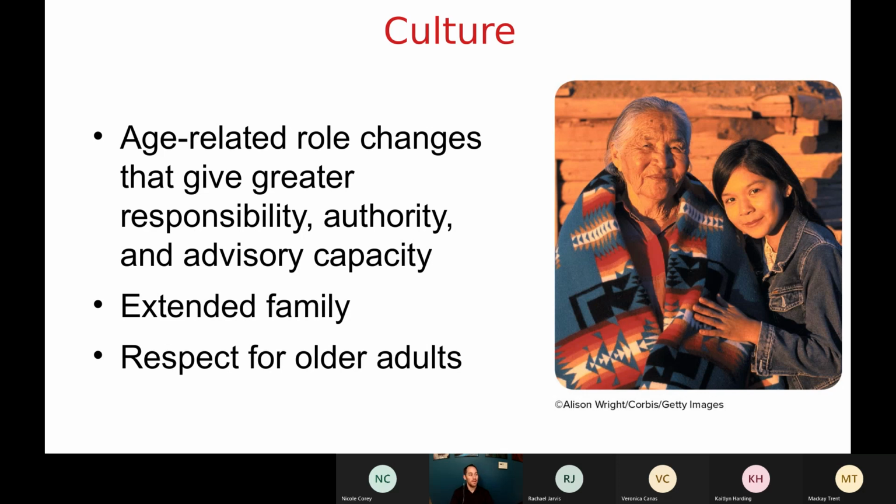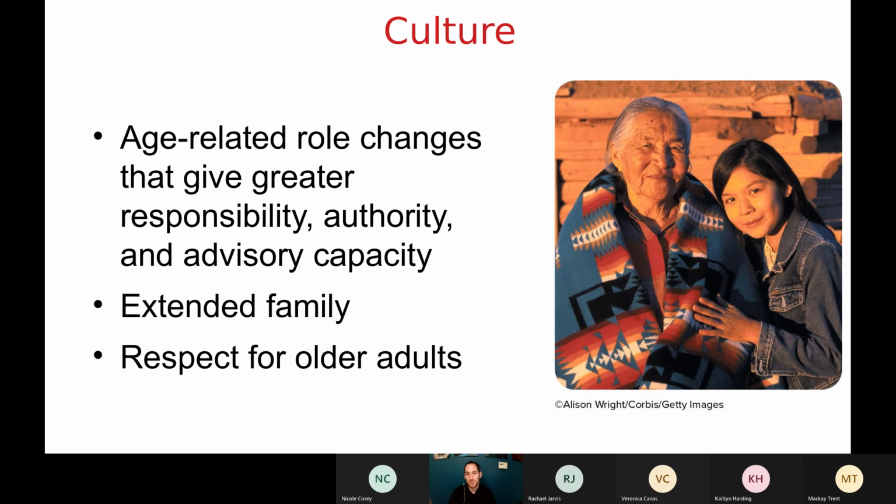And so with that, if you're not respected, if you're not called on to take responsibility or to be an authority or to be an advisor or to support a family or to support people in the community, you might, like we talked about at the beginning of today, feel like you're less useful. These cultural differences can have a really big impact on how important or how useful a late adult feels.